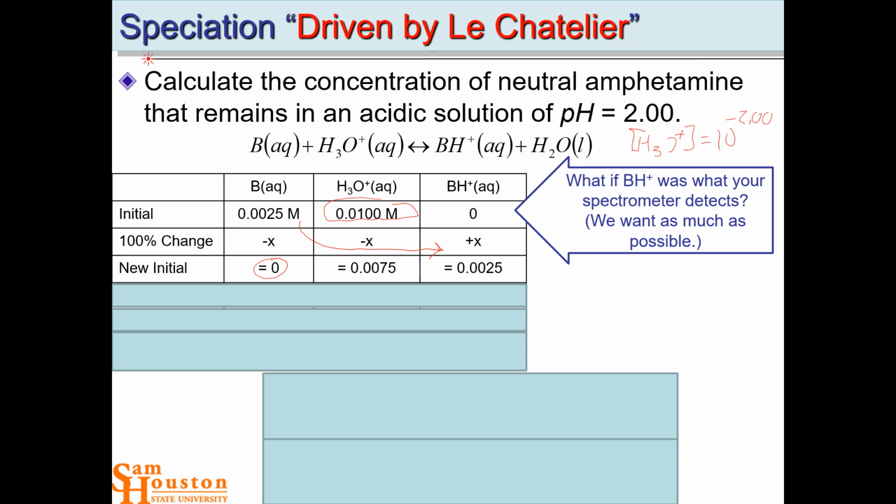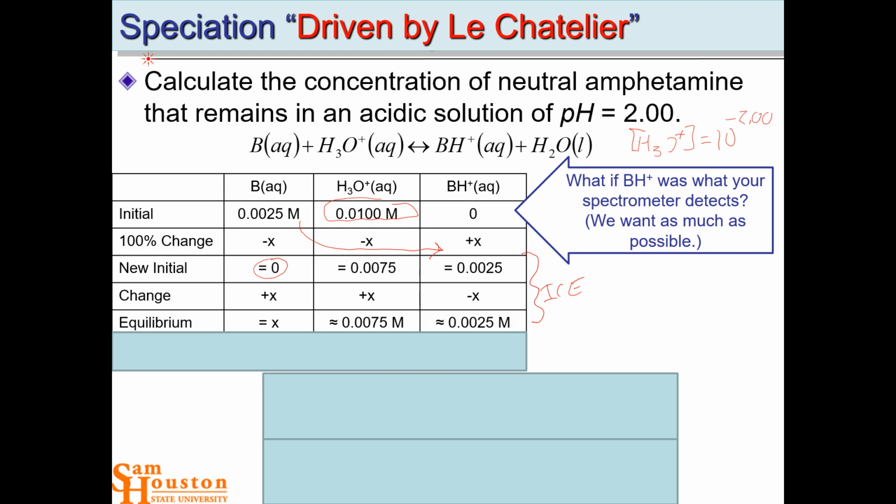So the new initial is what I've written down, and now we have new changes. So this right here is an ice table. This up here is just swinging it with Le Chatelier's taxi. Okay. And so now I have swung it all the way to the right, and I have 0.0025 minus x, which is going to be about 0.0025.